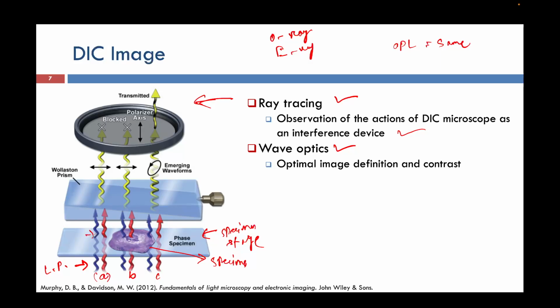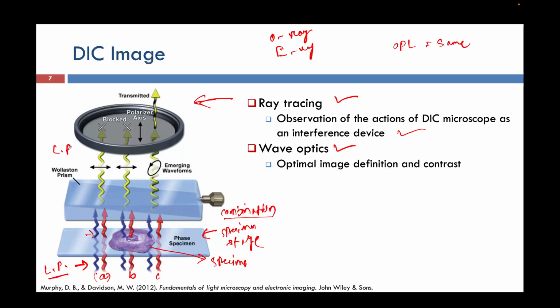Before that they were split, and here the combination happened. That is the Wollaston prism 2. After the combination, same thing, they were linearly polarized.